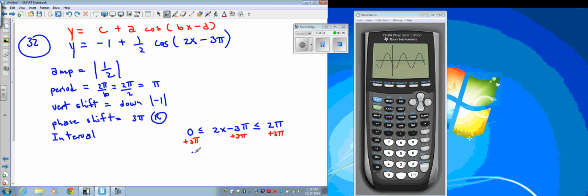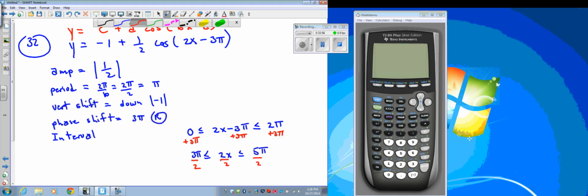So that gives us 3 pi less than or equal to 2x less than or equal to 5 pi. Then we have to divide by 2. And so this is our interval. We're going to graph at 3 pi over 2 less than or equal to x, which is less than or equal to 5 pi over 2.